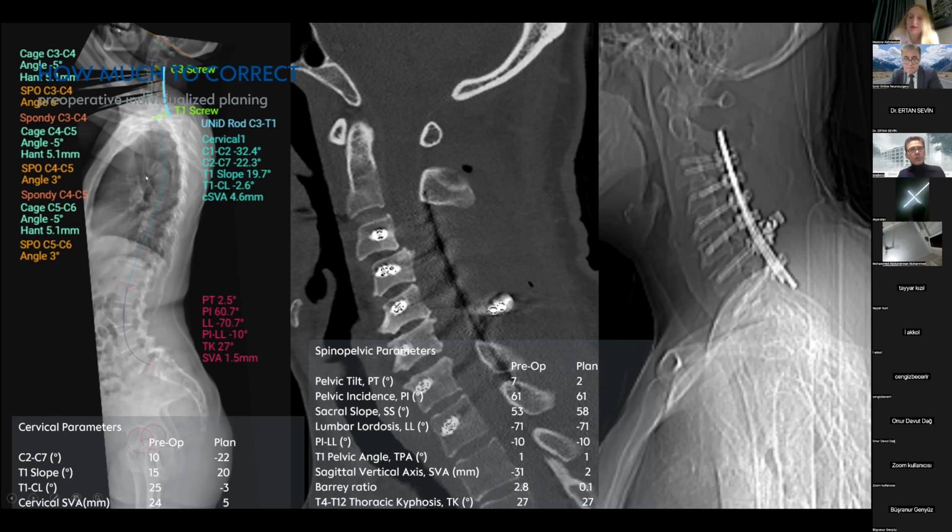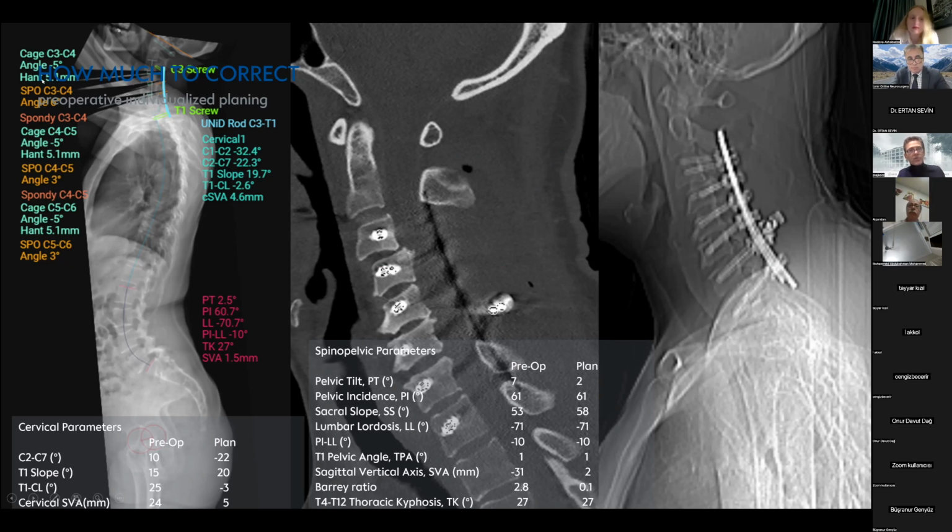So for example, for this patient, we are trying to bring back the C2 plumb line, creating an overall sagittal balance, and therefore we will use some cages, and since it's a mobile cervical spine, we will get away.